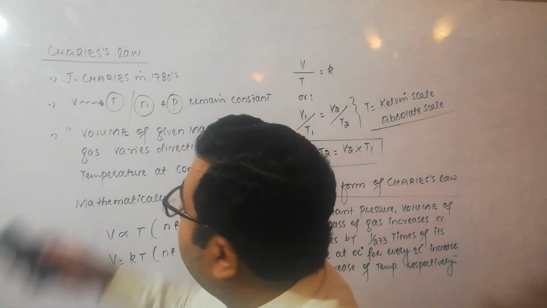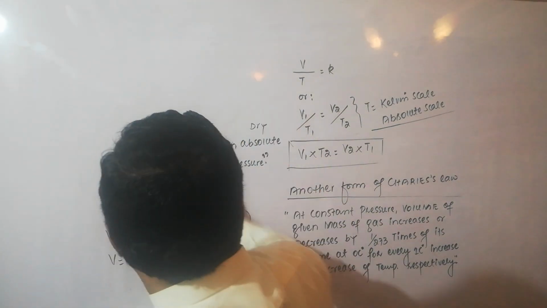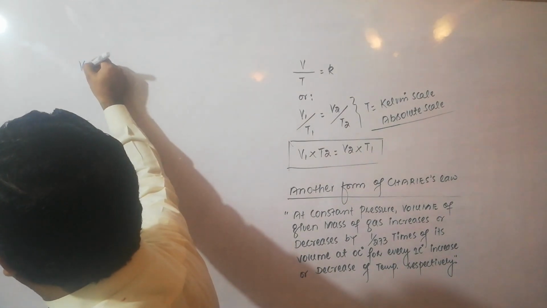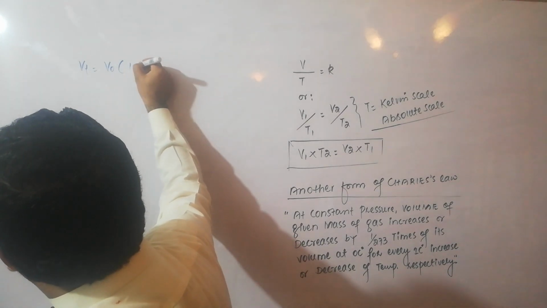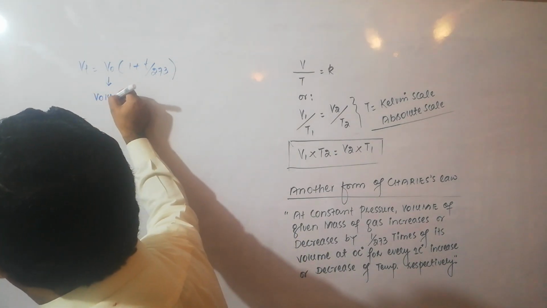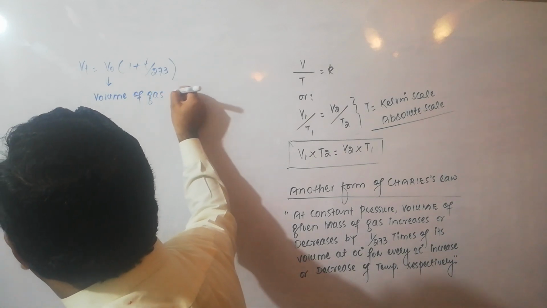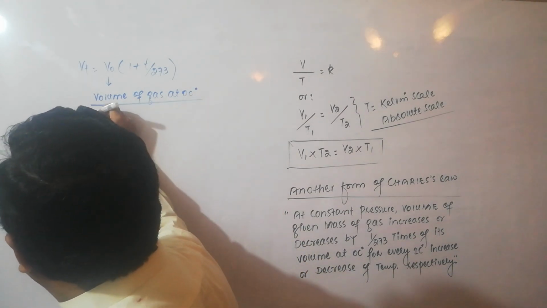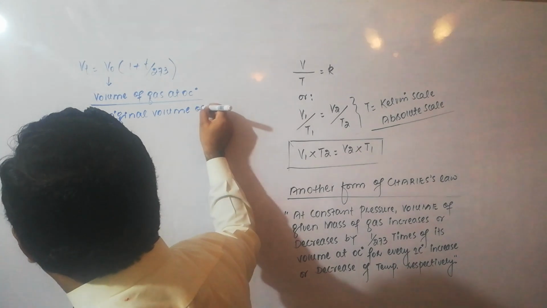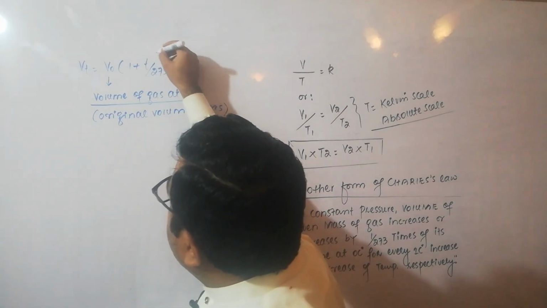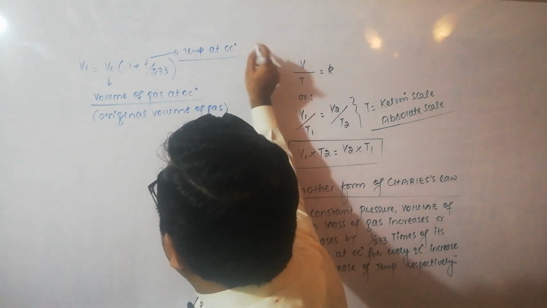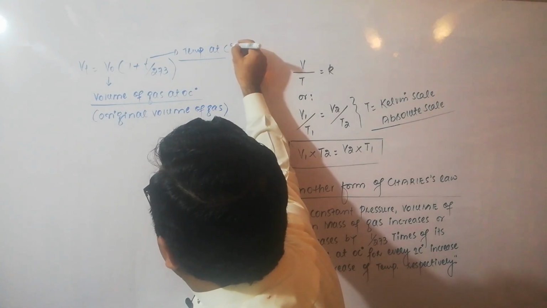Mathematically, this form can also be written as Vt is equal to V naught into (1 plus t by 273). V naught is the volume of gas at 0 degrees C, and it is also called the original volume of gas, while this t is the temperature on the degree Celsius scale.